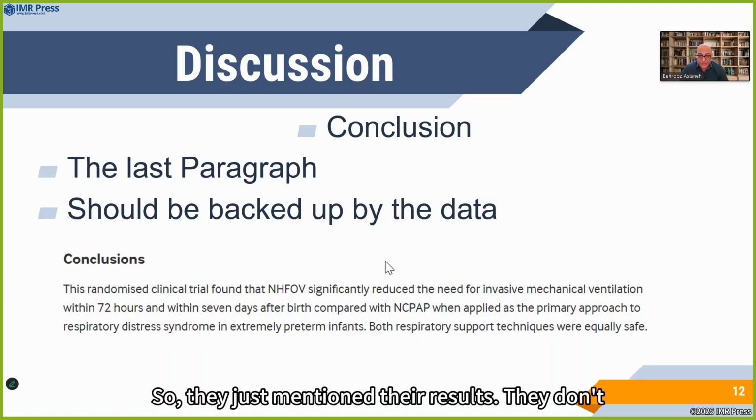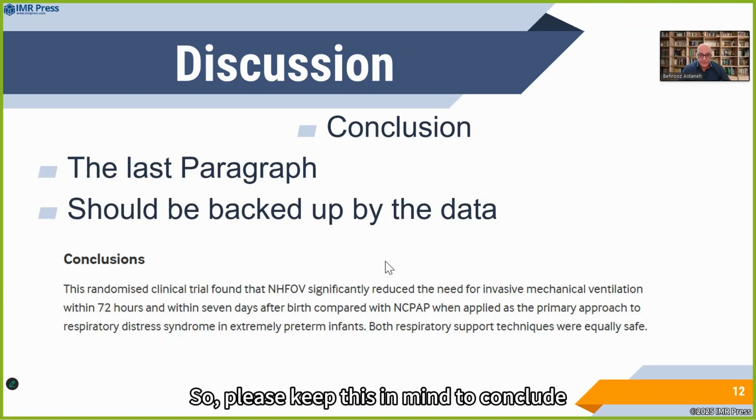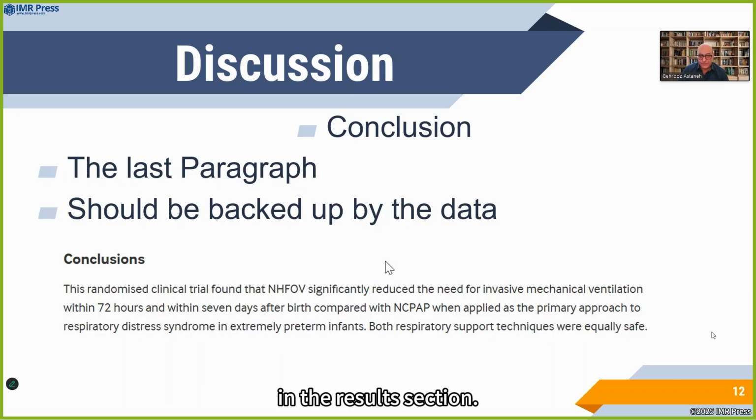So they just mention the results. They don't go beyond what they found, and the conclusion is absolutely neat and acceptable for readers. So please keep this in mind: conclude and recommend only based on the data that you have already mentioned and reported in the results section.